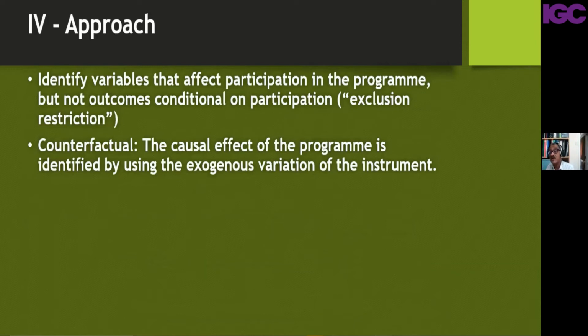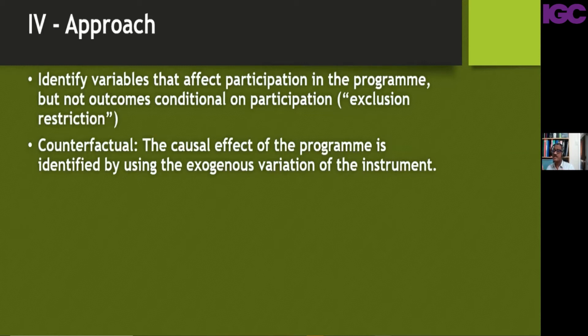So can you think of a variable which affects the decision of the farmer to participate, but does not affect yield? In this case, the counterfactual is derived by identifying the variation in this instrumental variable.